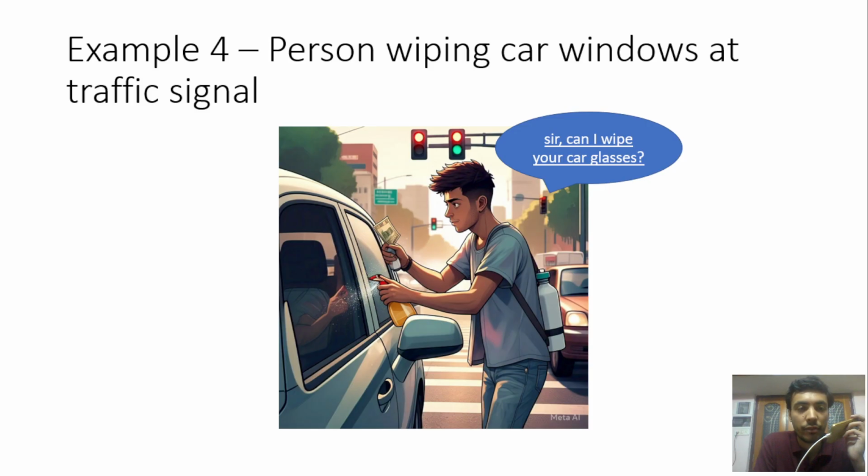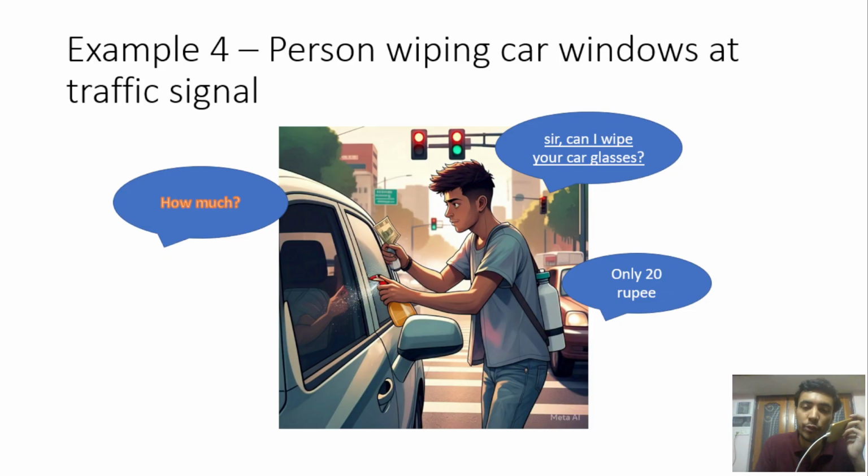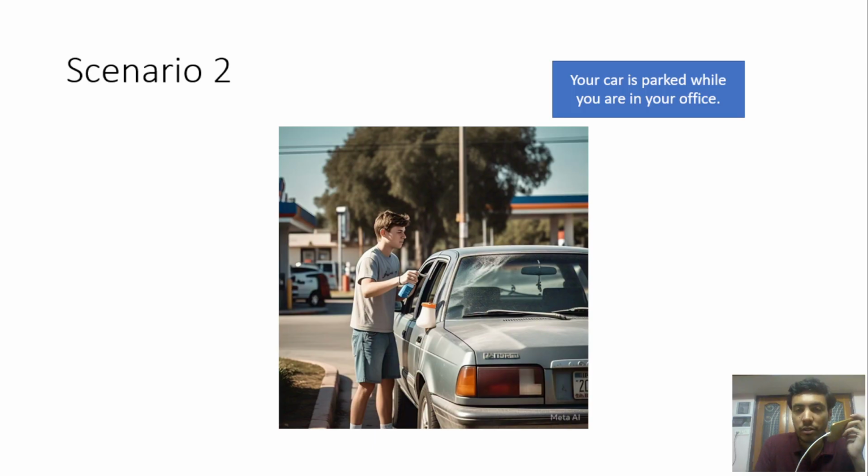He says, sir, can I wipe your car glasses? You ask, how much? He says only 20 rupees, and you say okay. So here you made an oral contract. You entered into an express contract, by expressing words.